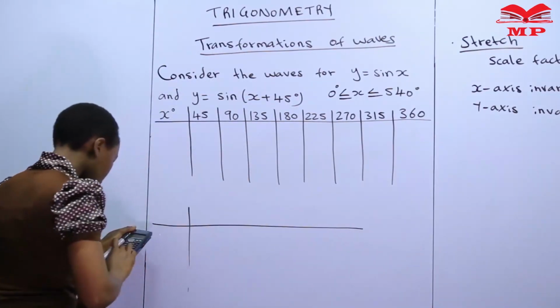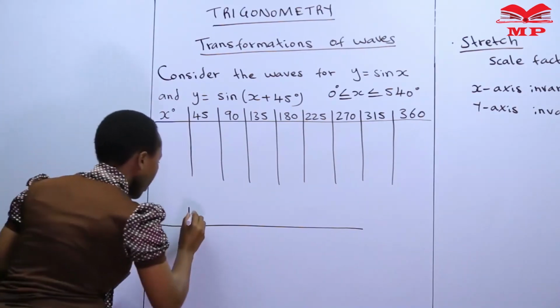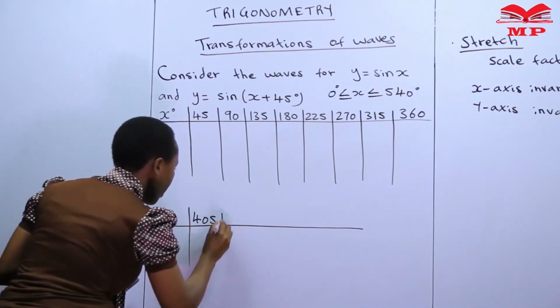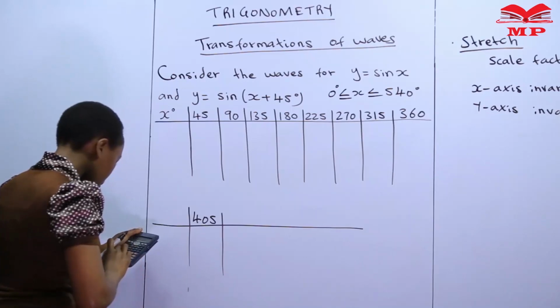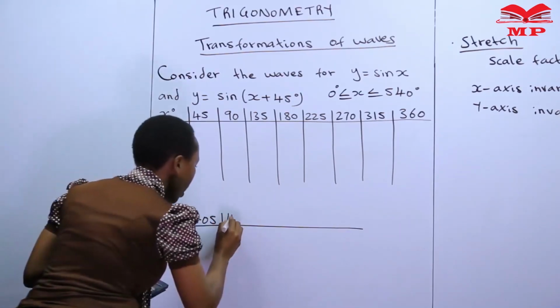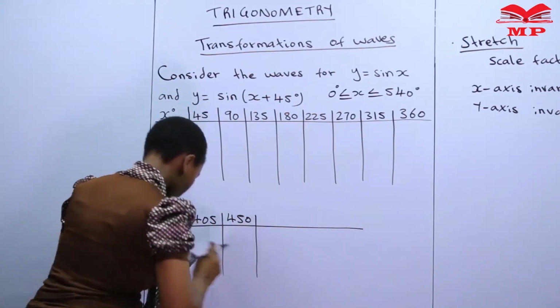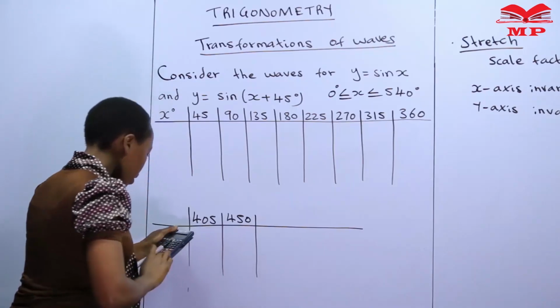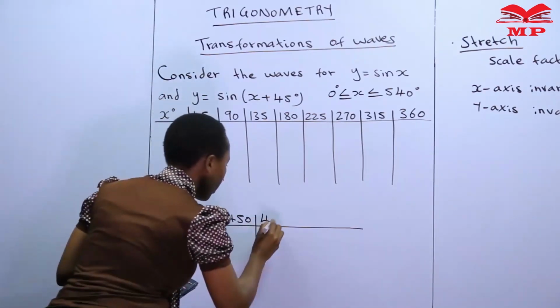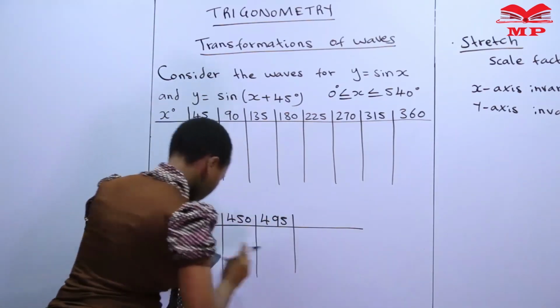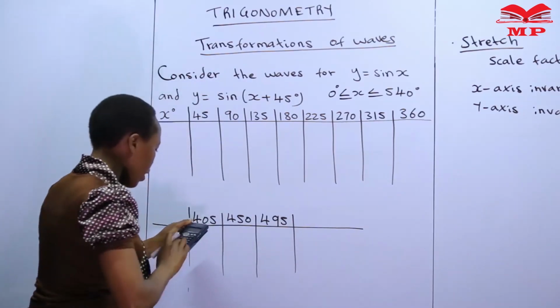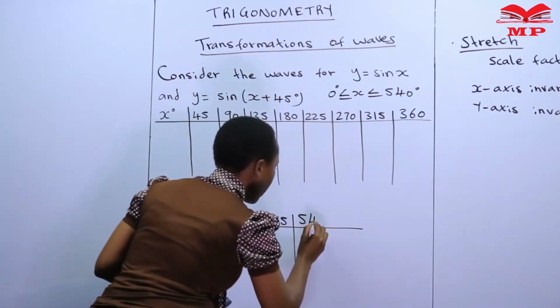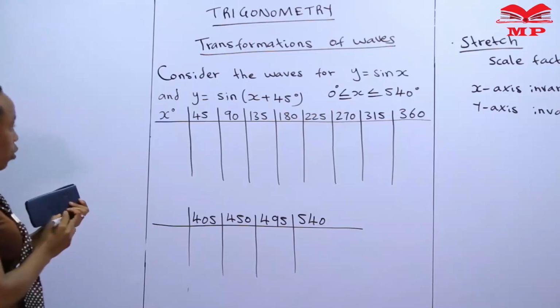So we have 360 again plus 45, we have 405, we add again 45, we have 450, we add again 45, we get 495, then we add 45 again, we get 540. So that's what we have.